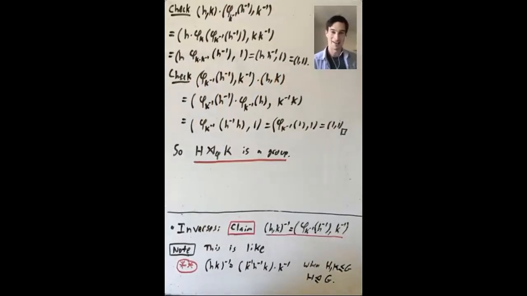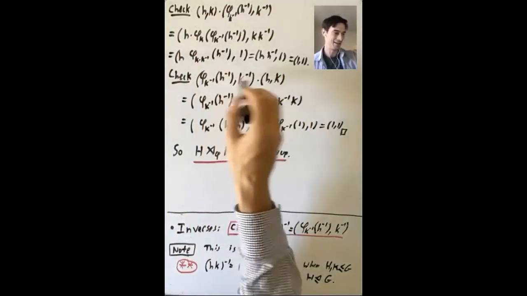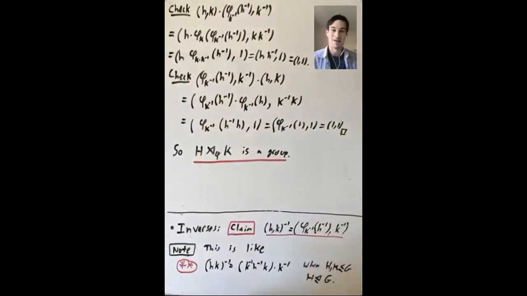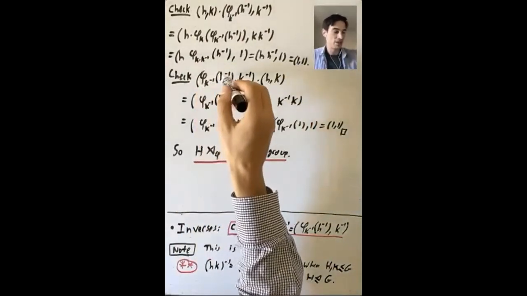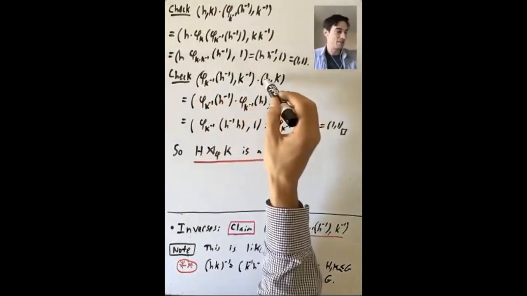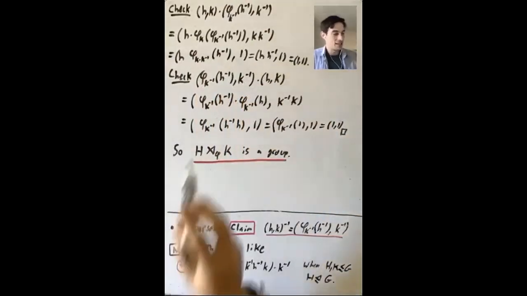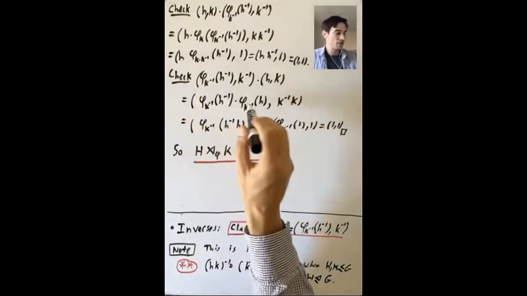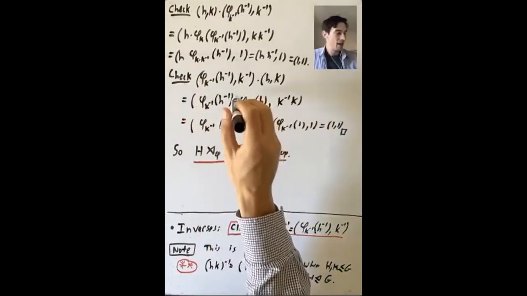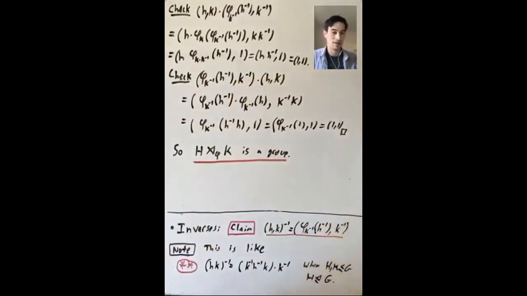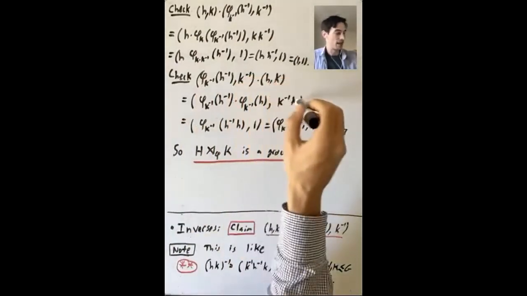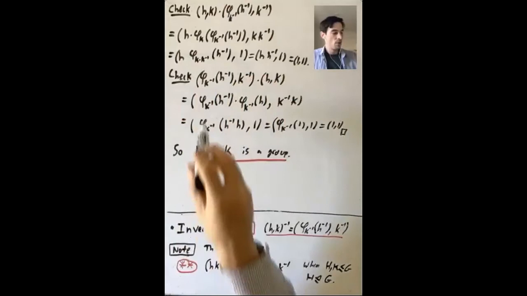So let's check that the inverse property works when you multiply in the other order. (φ_{k^{-1}}(h^{-1}), k^{-1}) times (h, k). That's φ_{k^{-1}}(h^{-1}) times φ_{k^{-1}} applied to h, comma k^{-1} times k. But what is this?